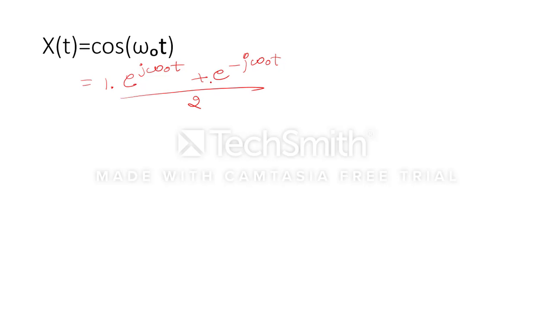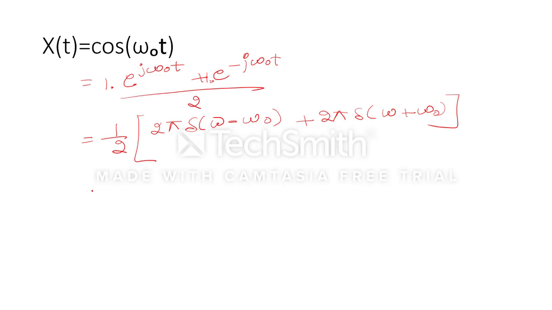As 1 is multiplied with all the functions, we can say that 1/2 times the Fourier transform is 2π δ(ω - ω₀) + 2π δ(ω + ω₀). When we open the bracket, 2 will cancel out. We will get π δ(ω - ω₀) + π δ(ω + ω₀). So this will be the final answer.